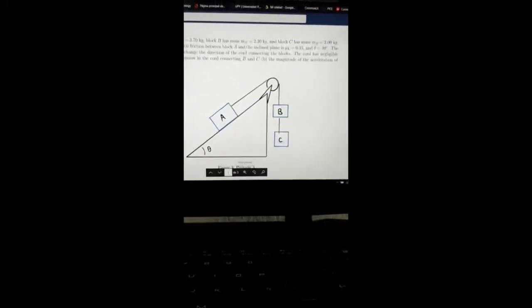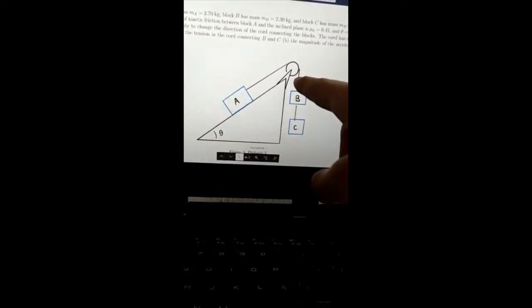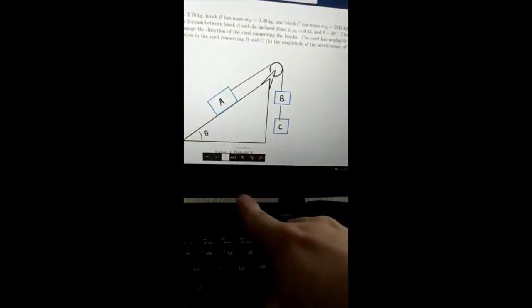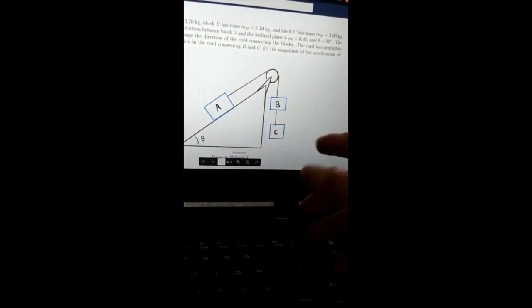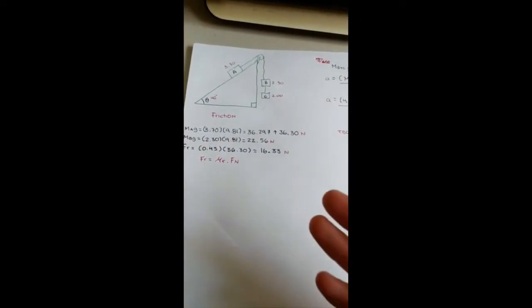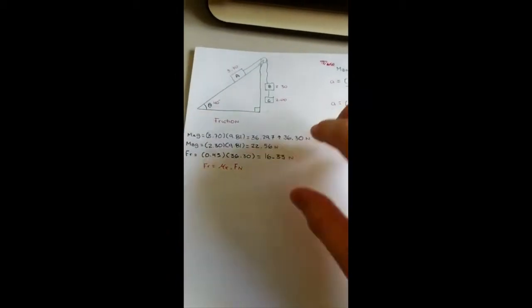So this problem gives us this triangle right here with a pulley and 3 blocks. We have theta here, and well, that's it. To make this faster and easier, I just made all of it right here. For your comprehension, I tried to make it the cleanest I could so you could understand.